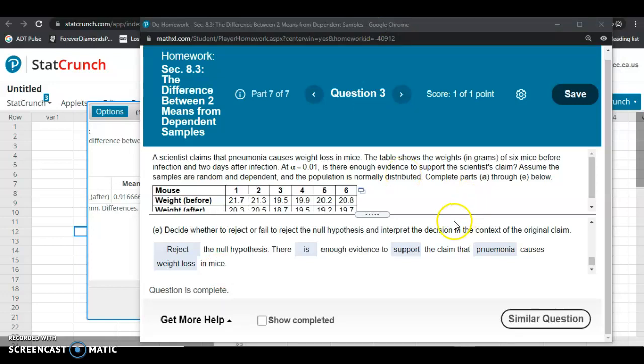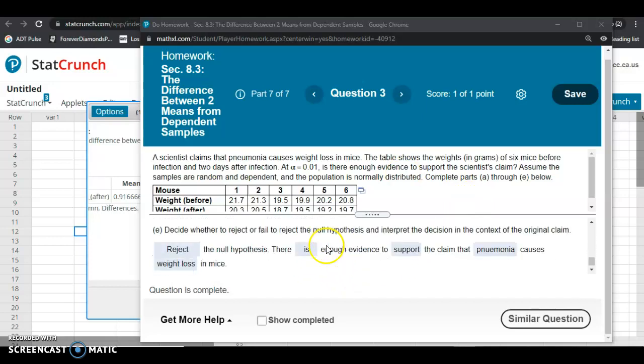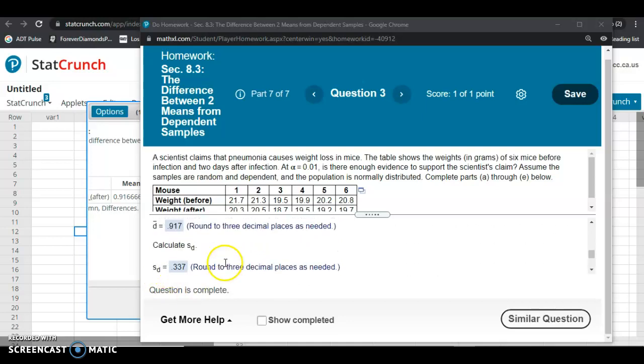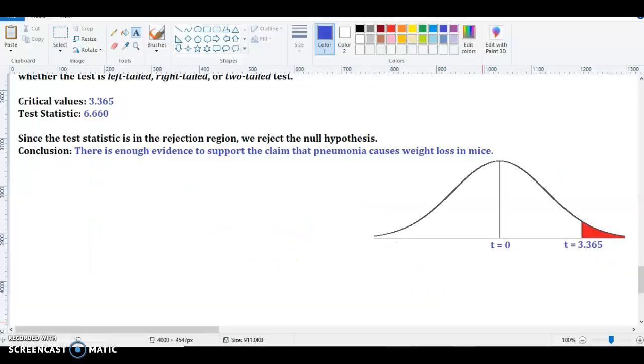Before we end the video, if you were confused about how to know whether to reject or fail to reject the null hypothesis, it's based on the test statistic and the critical value or critical values, if there's more than one critical value for the hypothesis test. Once again, we're using the t-distribution, which is bell-shaped and symmetric.